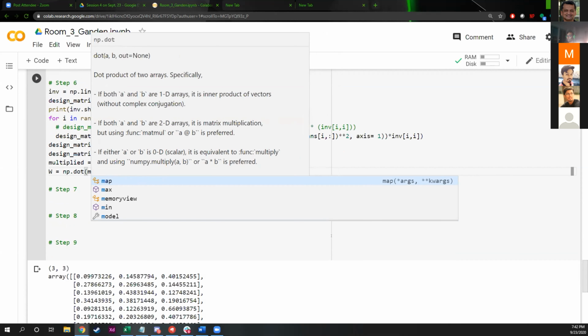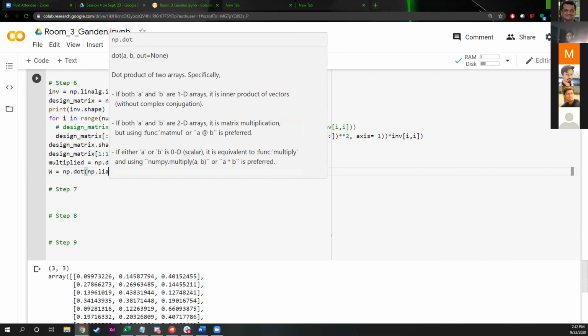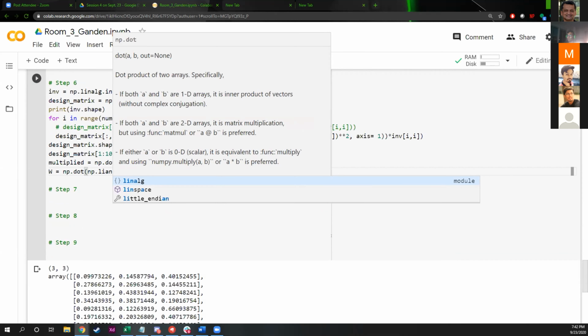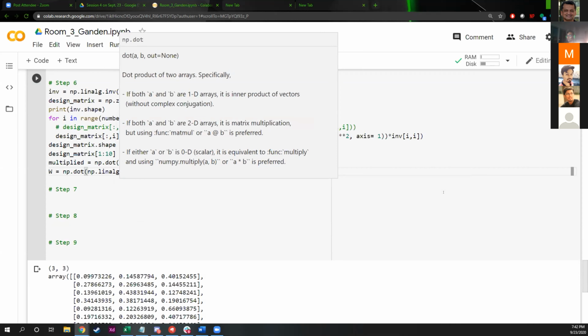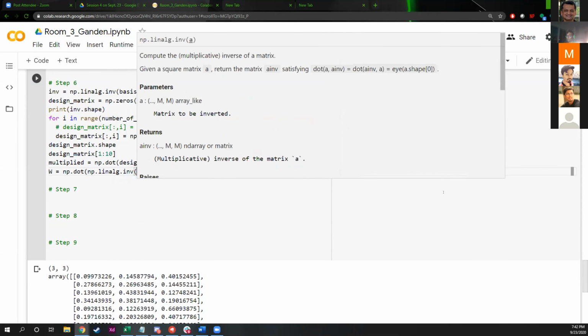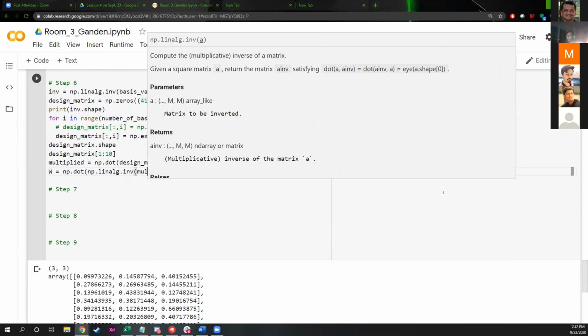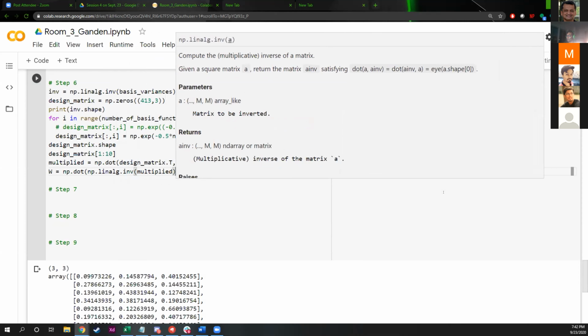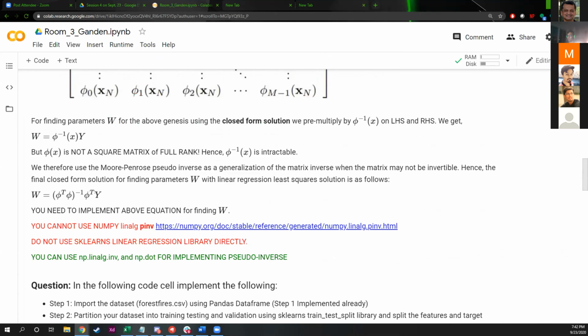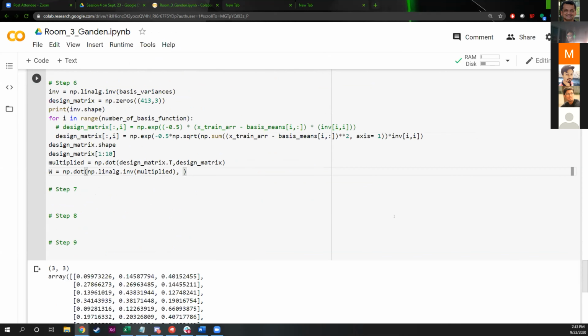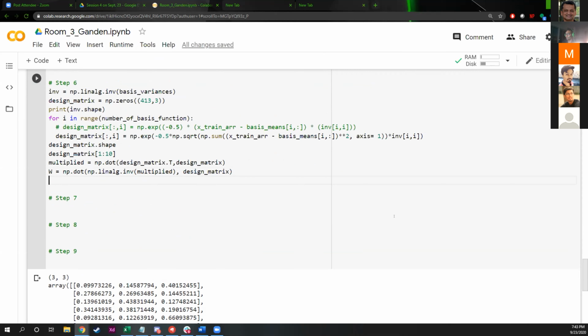So that's going to be np dot linalg dot inv of multiplied comma, and we're going to multiply that by the design matrix transpose. But this wouldn't work.